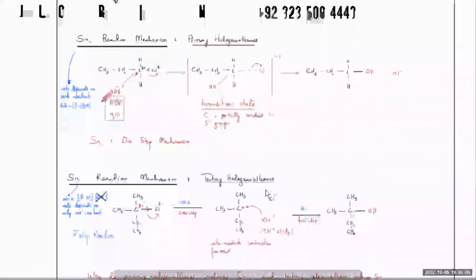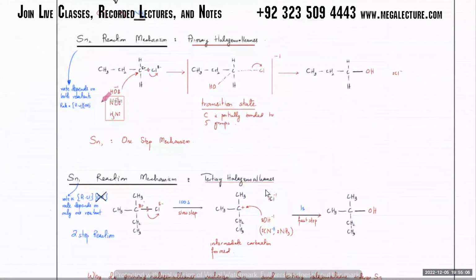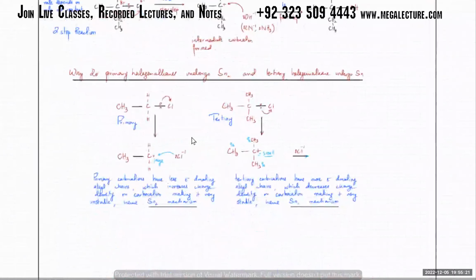Did it go through both, sir? I mean, it depends. For secondary it depends, because it all depends on the stability of the carbocation, right? Whether it's easy to form the carbocation or whether it's difficult to form the carbocation. In the first case it's obviously difficult. The carbon has a very strong positive charge, so the Cl will not leave on its own. Someone has to come in and push the Cl out. In the second, the Cl leaves on its own because the carbon doesn't have a very strong positive charge. So secondary is mixed. It can undergo kind of a mixture of both.